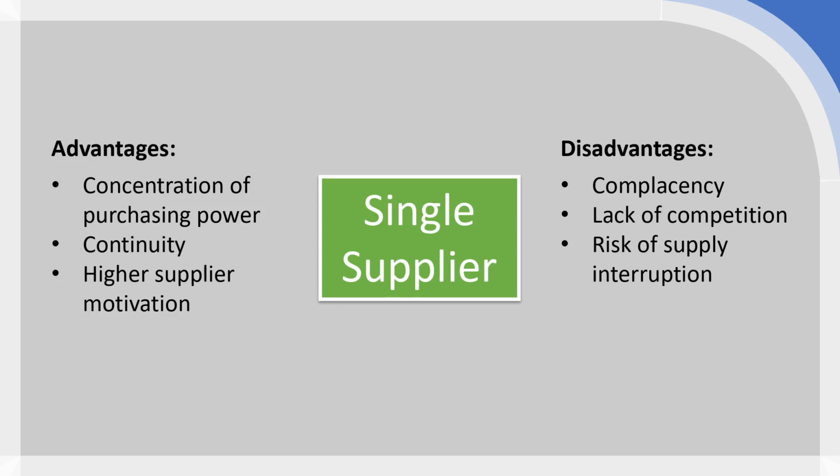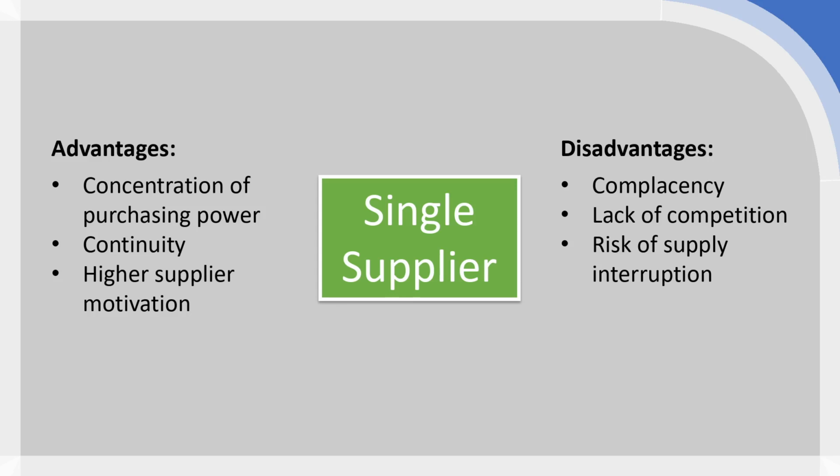As well as this, the other two disadvantages are fairly broad as well. By going to a single supplier, we are concentrating our purchasing power and therefore potentially reducing costs, but we do massively increase the risk of supply interruption. This means that there has to be resiliency built into that relationship and the arrangements.